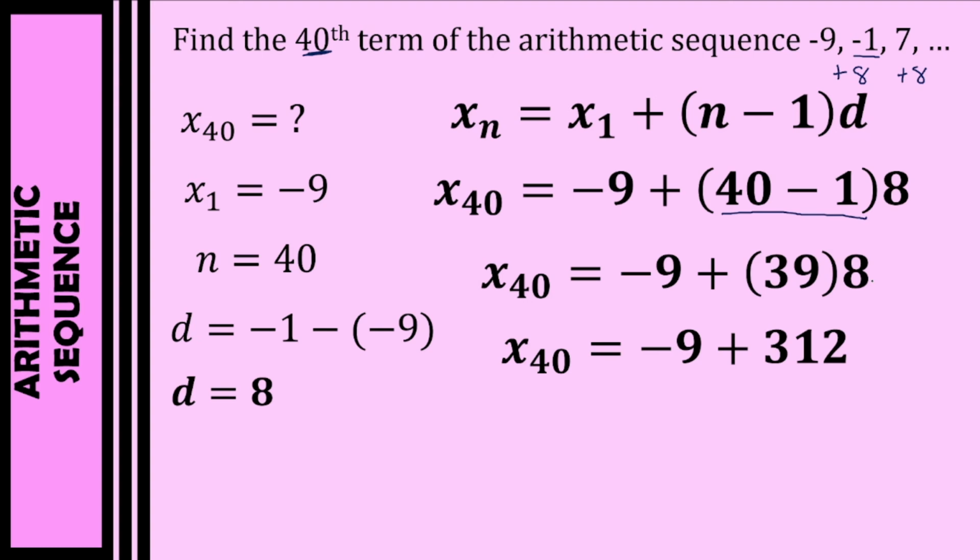Now let's combine like terms, negative 9 plus 312. It will give us our final answer, the 40th term in this arithmetic sequence, and that will be 303. So this will be our final answer.